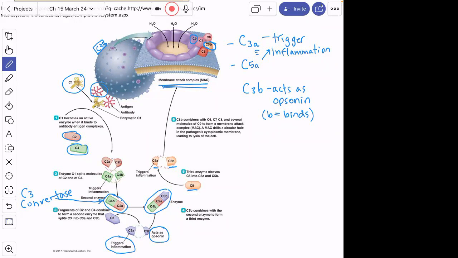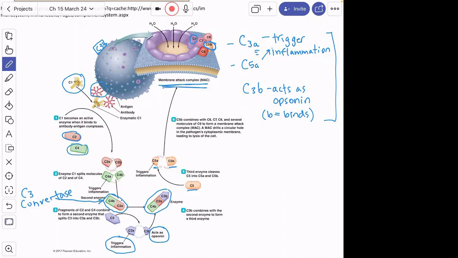Well, how will that affect the immune response? So, well, if it doesn't have C5a, it's not going to have as much inflammation, something like that. Okay. You wouldn't necessarily need to write this whole thing out, but these intermediates are important. And of course, understanding that the end game here, or the end result, is that membrane attack complex.